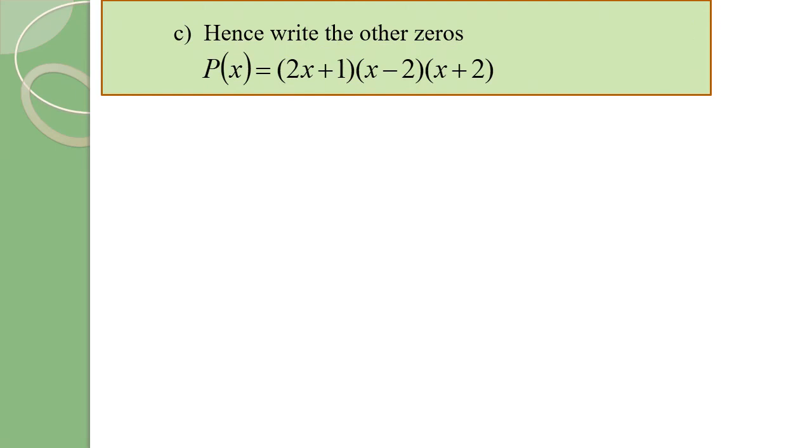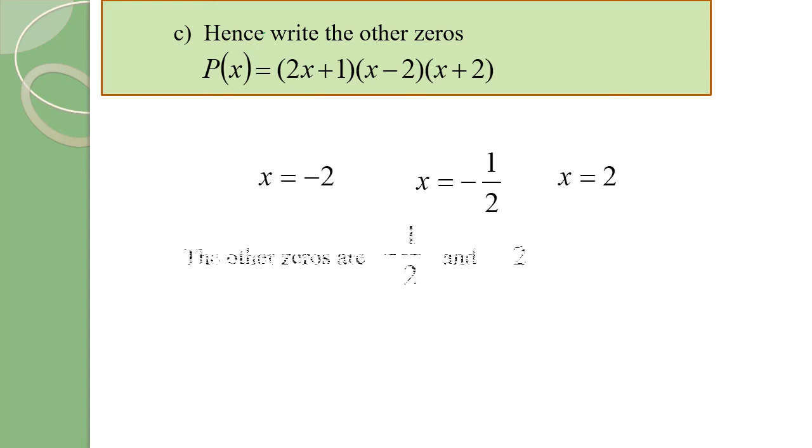Now, hence write the zeros. Okay, hence, means that we use the previous answer, which is the factorized completely form. We know that P(x) can be factorized into the form of 2x plus 1, x minus 2, and x plus 2. What are the zeros for this polynomial? The other zero should be 2x plus 1 equal to 0.